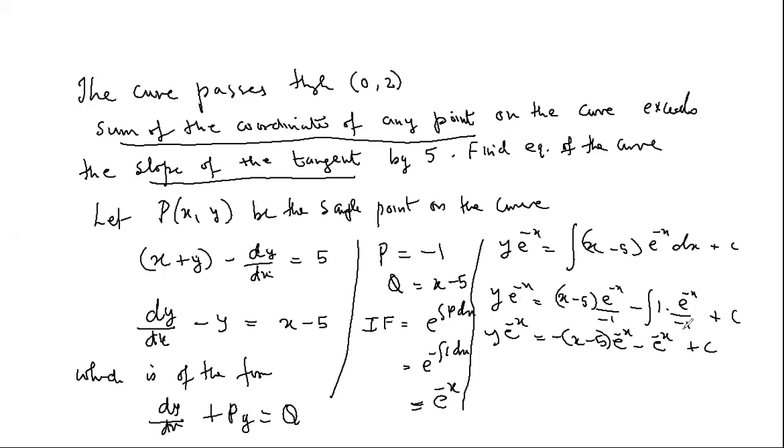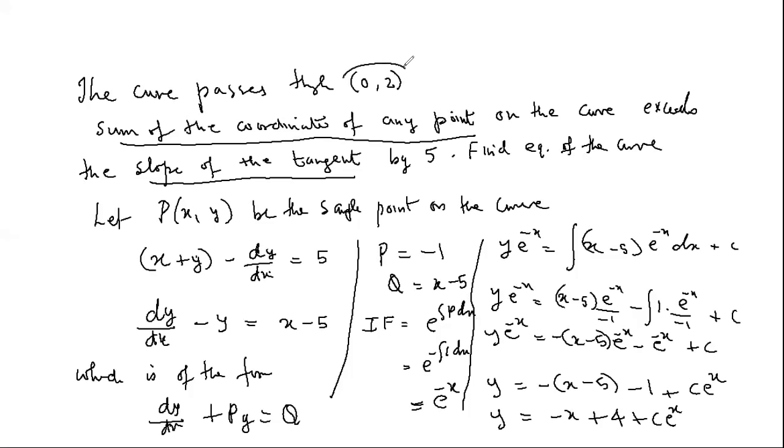When you integrate this, one more minus will come. So y is equal to minus x plus 5 minus 1 plus c e raised to x. So y is equal to minus x plus 4 plus c e raised to x.